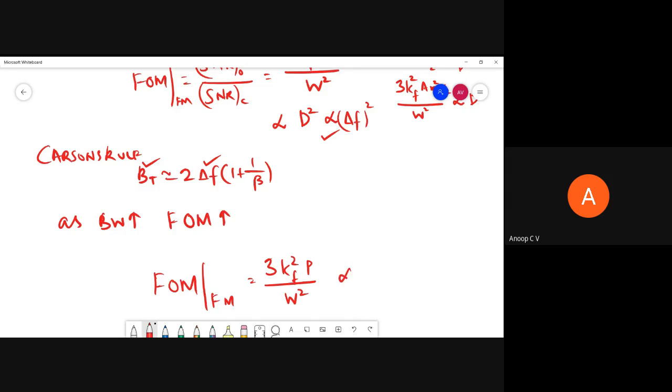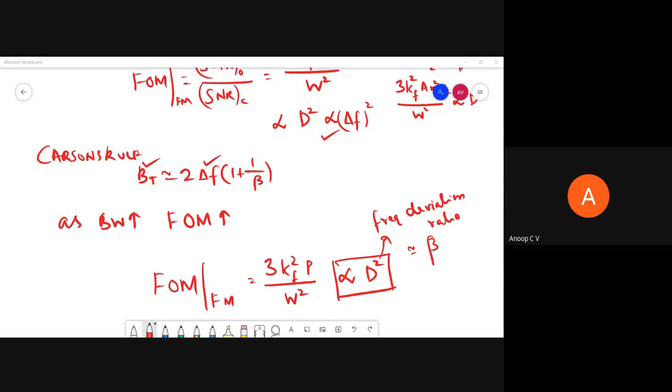This is proportional to d square. This we just remember. This d is nothing but the frequency deviation ratio, and in the case of single tone modulation, it becomes the modulation index. So this is about noise performance of FM.